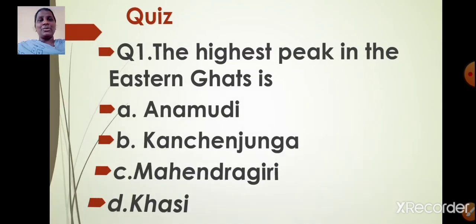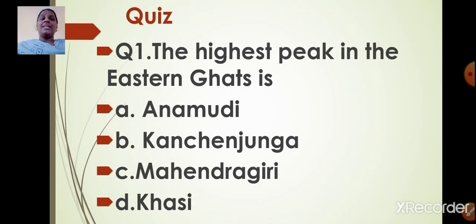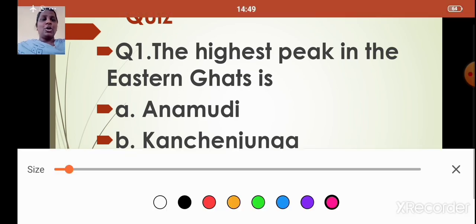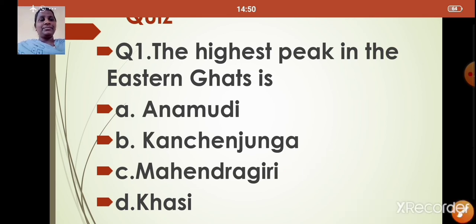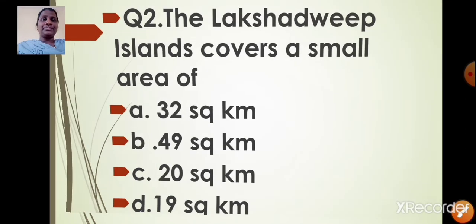Now, it's quiz time. The highest peak in the Eastern Ghats is option A, Annaimudi, option B, Kanchenjunga, option C, Mahendragiri, option D, Khalsi. And the correct option is option C, Mahendragiri. The highest peak in the Eastern Ghats is Mahendragiri. Next question.